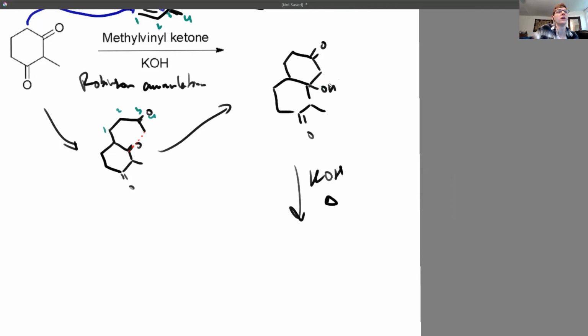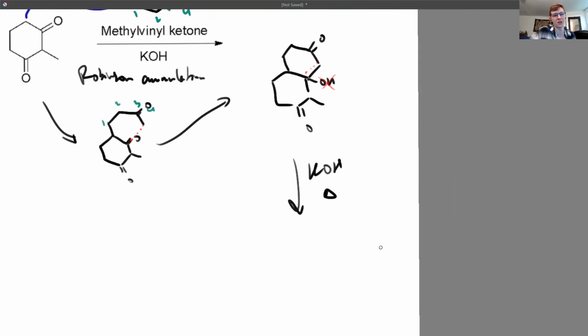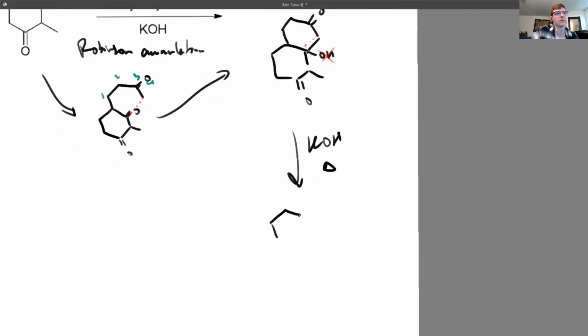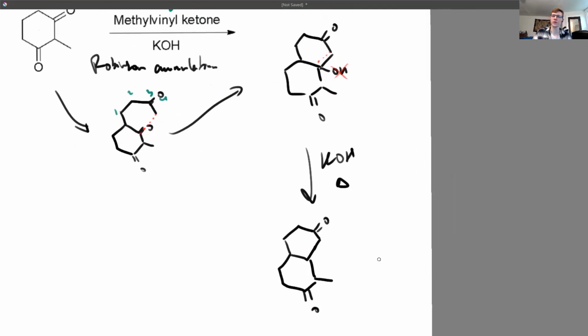And so we'll get rid of that and form a double bond there instead, because this will just be an elimination product. Oops, there's a double bond here, right? Nice.